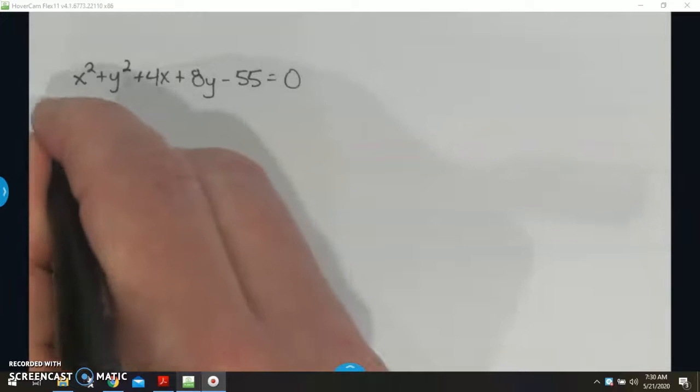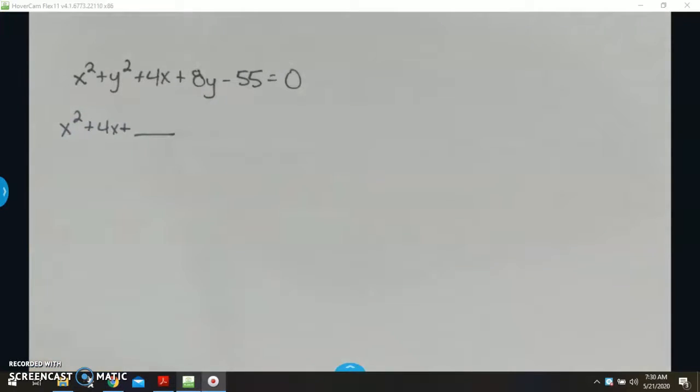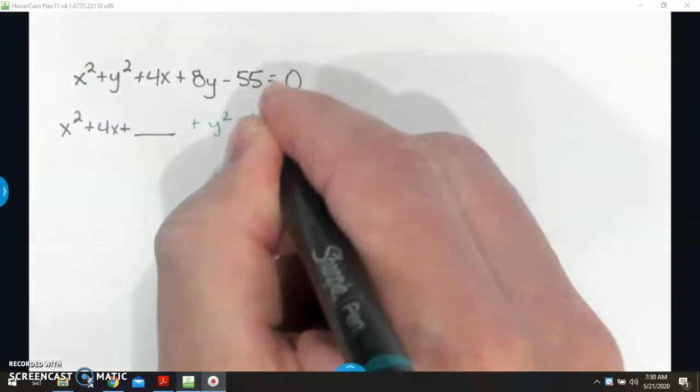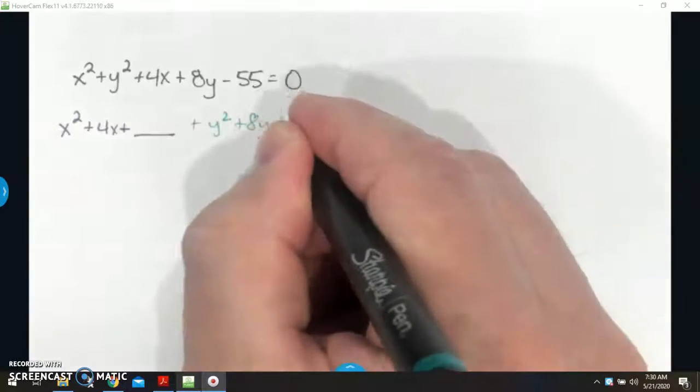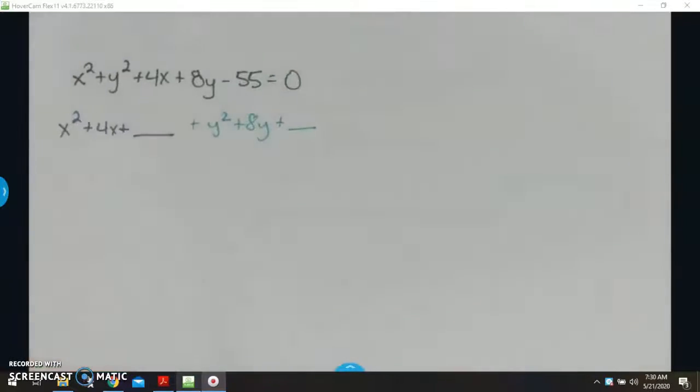Same idea. We put our x's together. We put our y's together. Oh, there is no other; here's the 8y. We move our number to the other side.